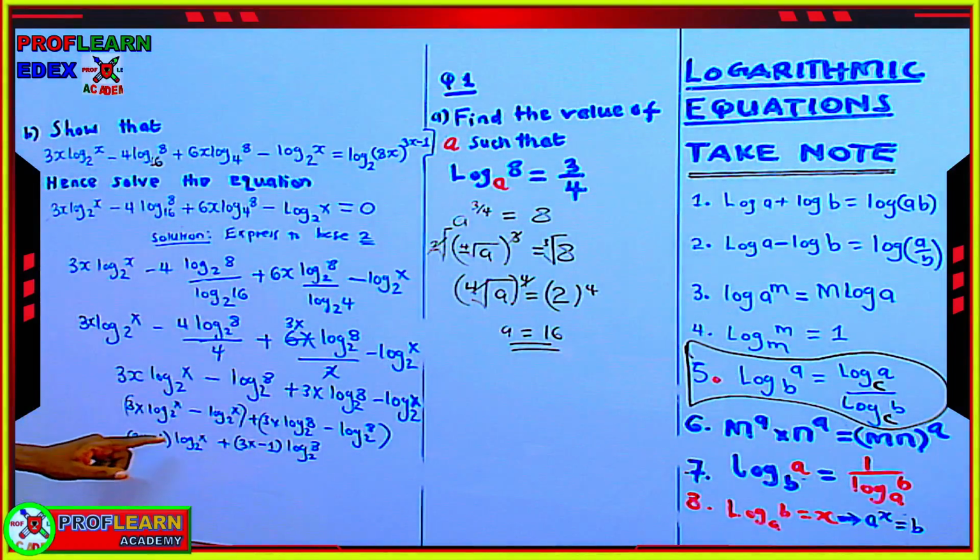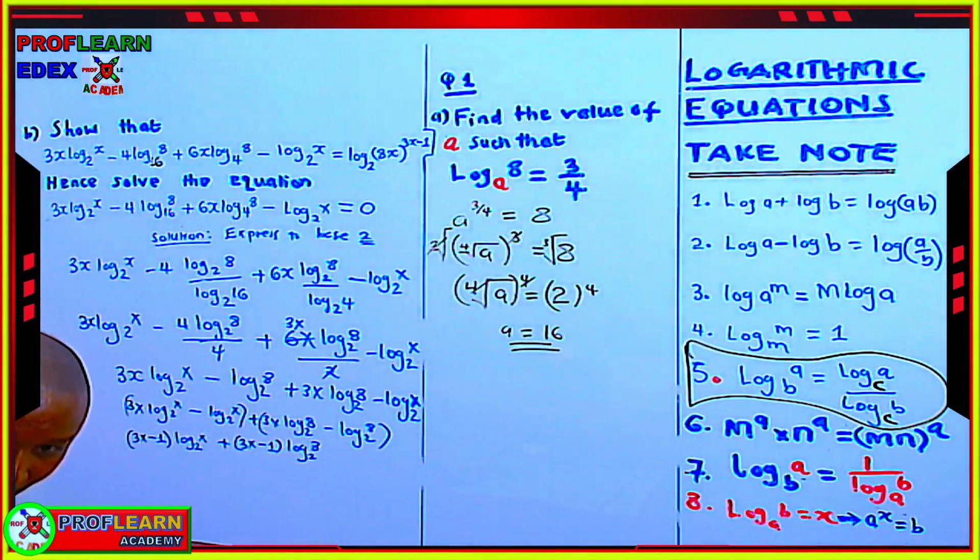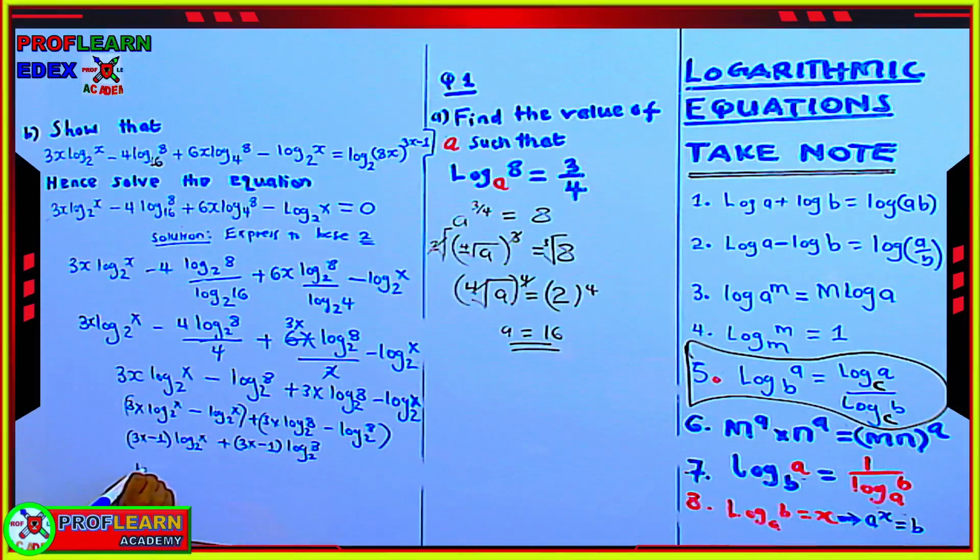We are going to take the powers up like that, and let me just try this. This can be written as log x power 3x minus 1 base 2 plus log 8 power 3x minus 1 base 2.